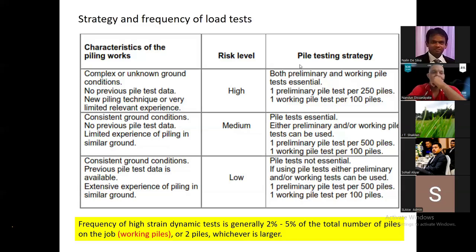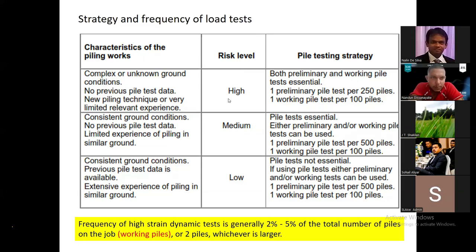So there are certain guidelines on the testing frequency. Generally speaking, if no proper investigation has been carried out, and if the piling work is carried out in complex or unknown ground conditions, the risk levels are categorized as high.